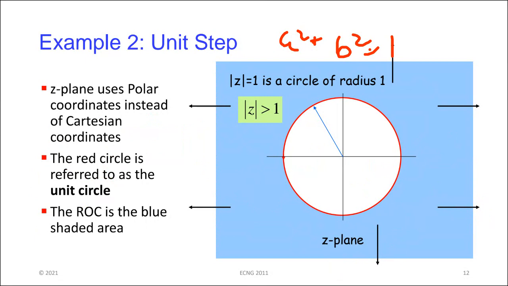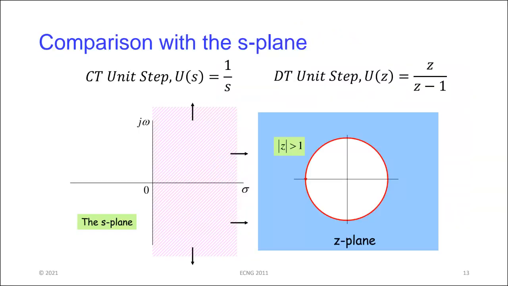In other words, the unit step does not have a Z transform inside of it, it only exists outside of the unit circle. And we could compare that to the Laplace transform.